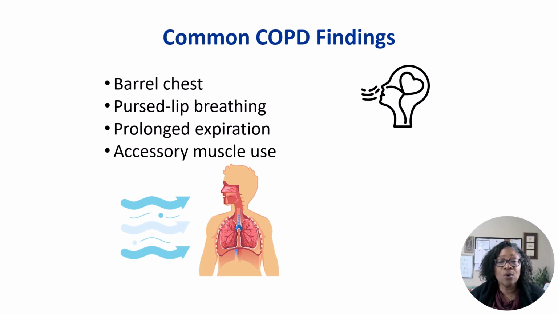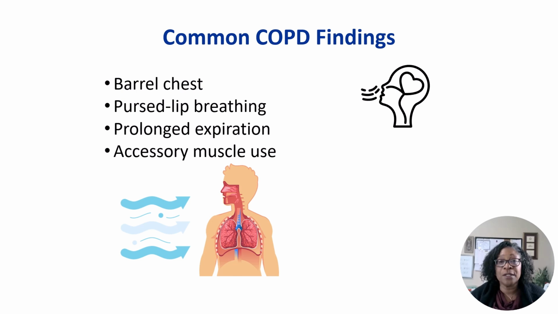Clinical characteristics of someone with chronic obstructive pulmonary disease, or COPD: you may see chronic shortness of breath. They're going to have a cough, that barrel chest, pursed lip breathing, prolonged expiration, and they'll be using their accessory muscles. You may also see some finger clubbing.